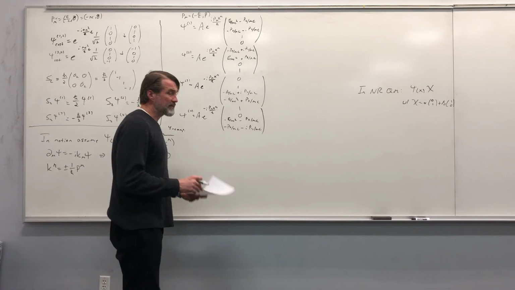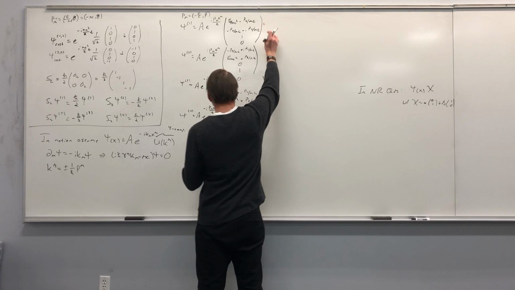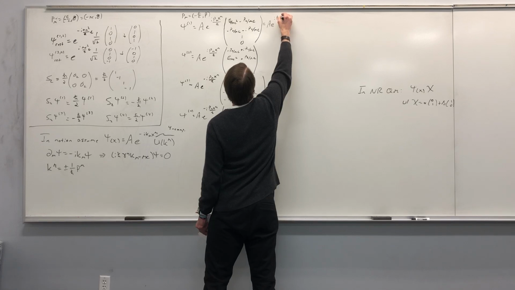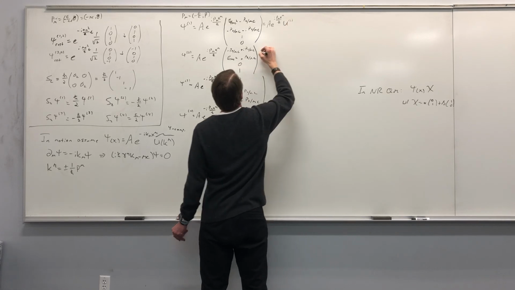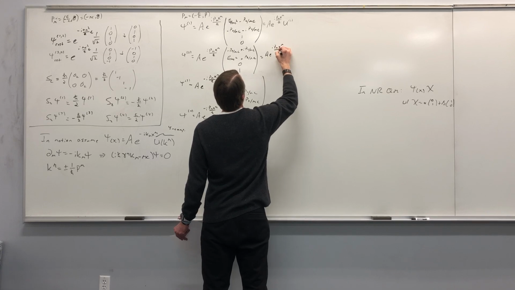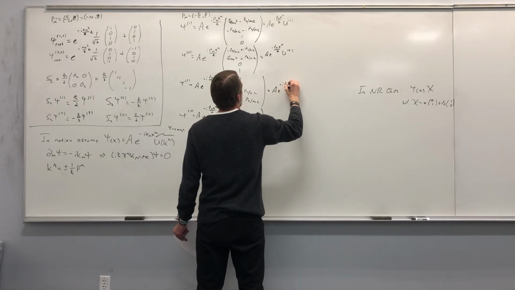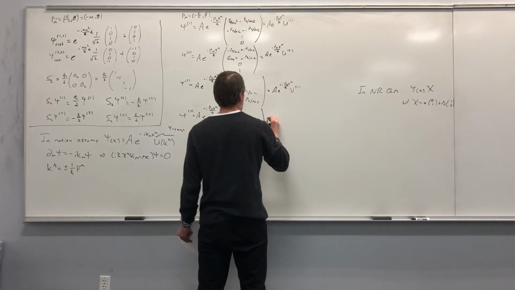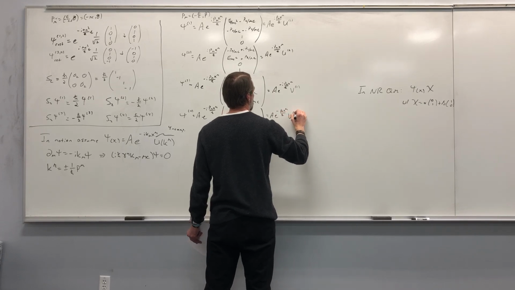So, there is another bit of notation, this is going to be a notation-heavy lecture. Another way to write these is that this is a e to the i p mu x mu over h bar times u1, a e to the i p mu x mu over h bar u2, a e to the minus i p mu x mu over h bar v1, and a e to the minus i p mu x mu over h bar v2.